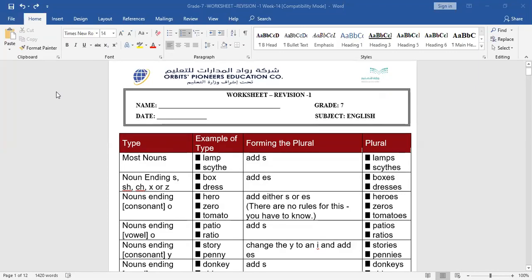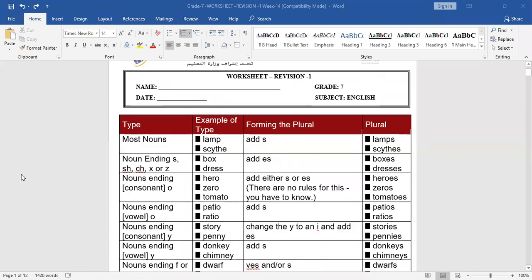As you can see, our first topic of discussion is how to make plurals for nouns. In most types of nouns we make plurals by adding s, like lamp, lamps. But there are some exceptions as well. What are those exceptions?